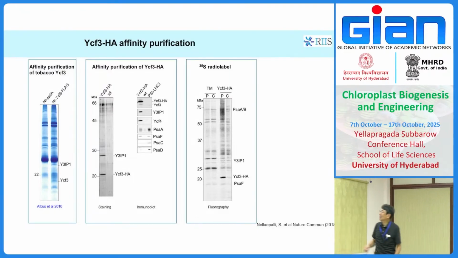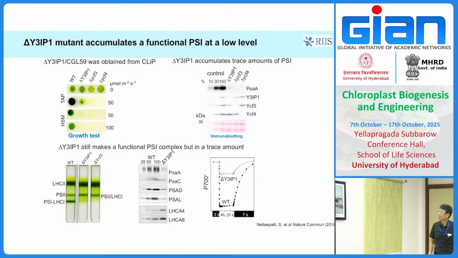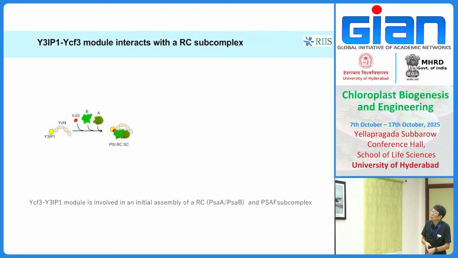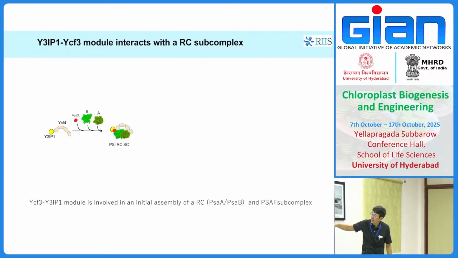But this is related only to the reaction center proteins, or PSAF a little bit, but mostly other PS1 subunits were not interacting. So from this data, we conclude that mainly the assembly of PSAA and B, the reaction center of PS1, which is the more core part, an important part, involves YCF3.